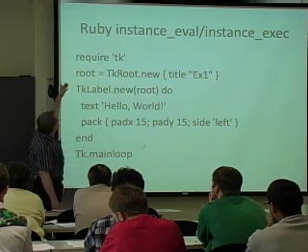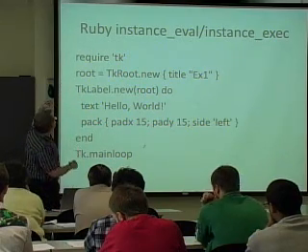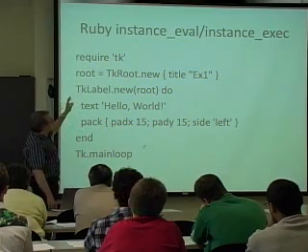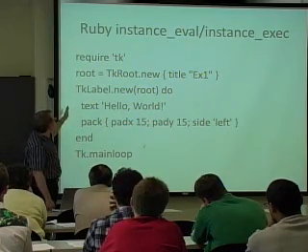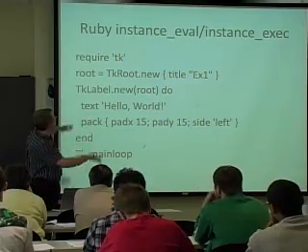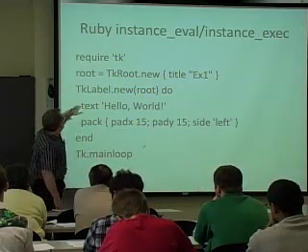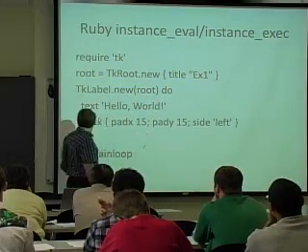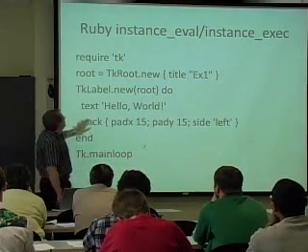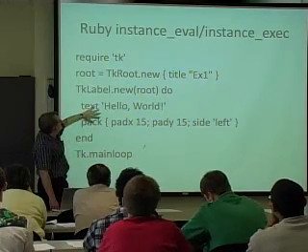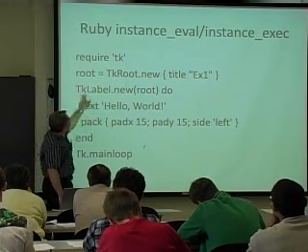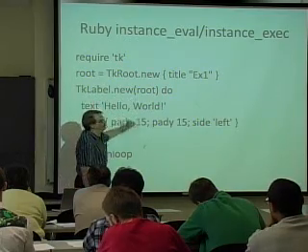So, for example, this is a piece of Tk. Tk is a graphical windowing toolkit. This is a piece of Tk code in Ruby Tk, which just puts up a window that says "Hello World." Now, the stuff between do and end here is a block of code. It executes basically as if it's a member function of the Tk label object that was created up here.